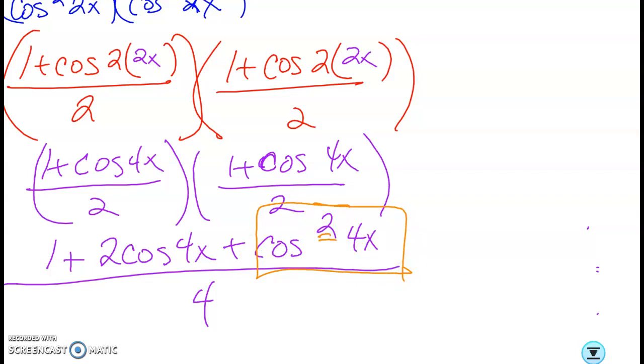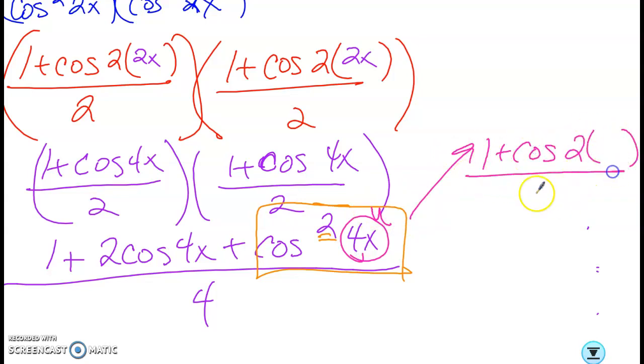So we have to use the same power reducing formulas that we just used. And instead of this being u, we have to remember that it's 4x. So when we use the formula of 1 plus the cosine of 2u divided by 2, it's not u, it's 4x. So when I substitute it in here, I'm going to use 8x.